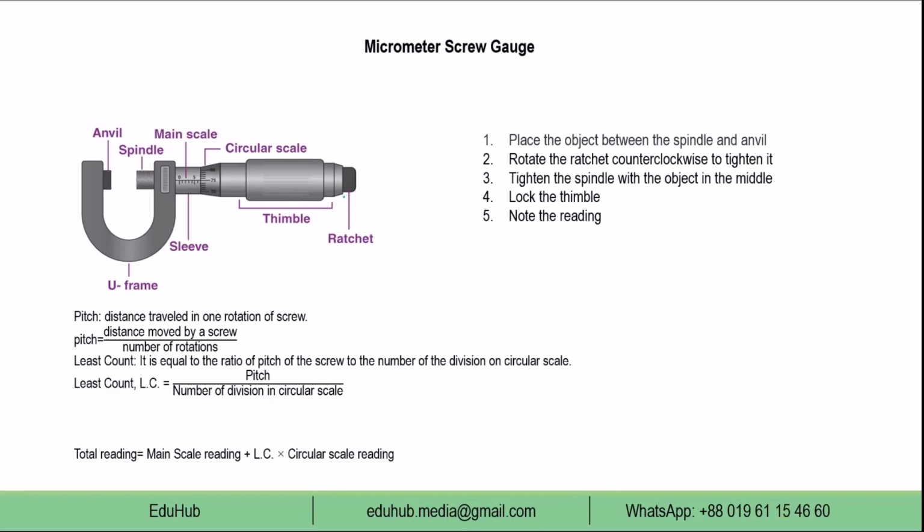Now we have to learn two basic definitions for the screw gauge. First one is pitch. Pitch is the distance traveled in one rotation of the screw. So if the circular scale rotates one time, then how far it will move along the main scale is called pitch.